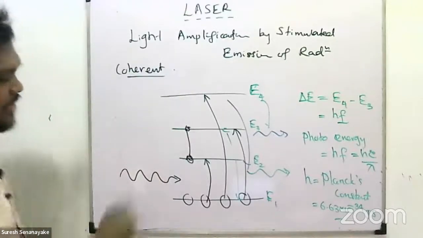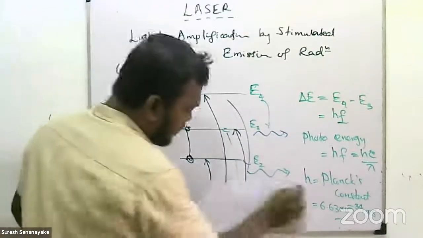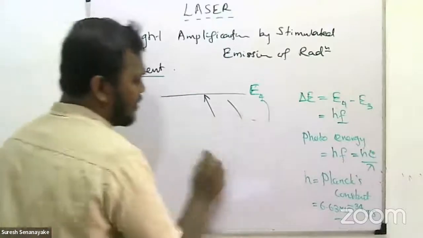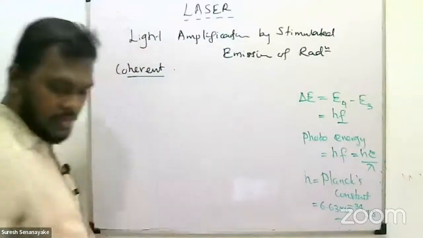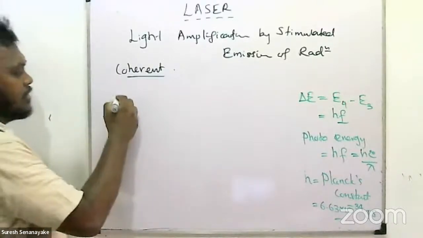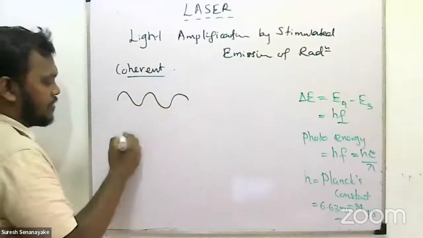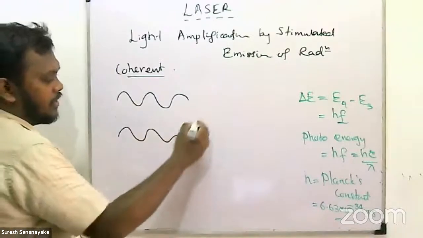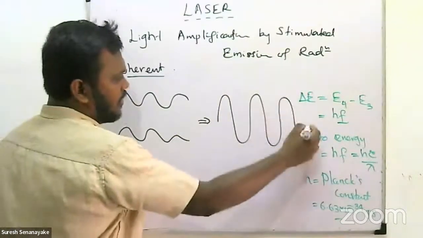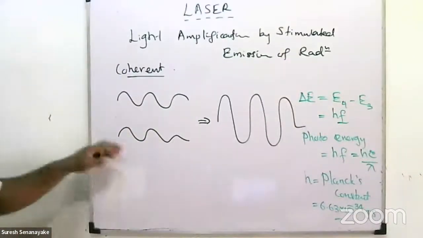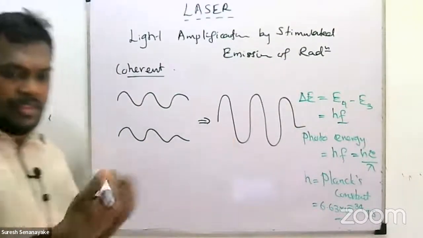Before starting the session, I told you that when two waves are superimposed, we can make a new wave. If two waves are in phase, then they superimpose and make a new wave with a larger amplitude. The amplitude will be added together.